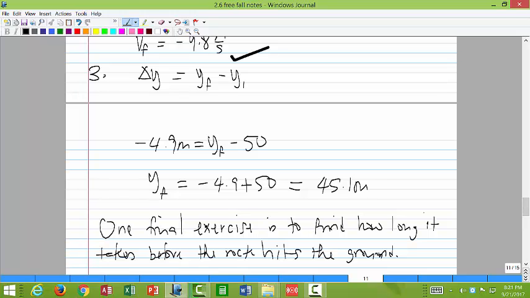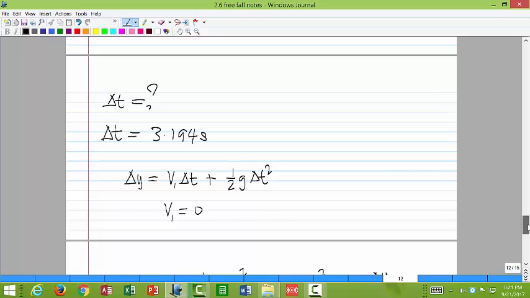Then let's look next at how long it takes for the rock to hit the ground. We'll do that in the next frame. This implies looking for a time interval delta t, which is the time it takes to fall from a height of 50 meters to the ground, which will be at 0.